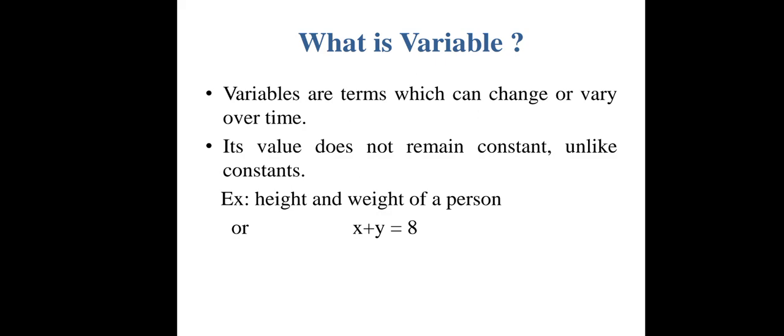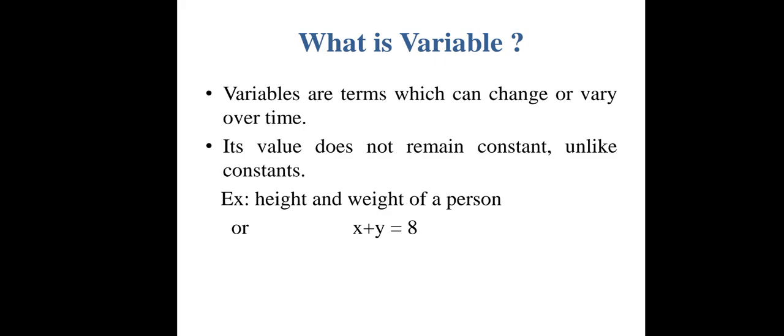Second, we have the variable. What is the meaning of variable? A variable is a term which can change its value over time. So it will not remain constant with respect to time. An example is the height and weight of a person.